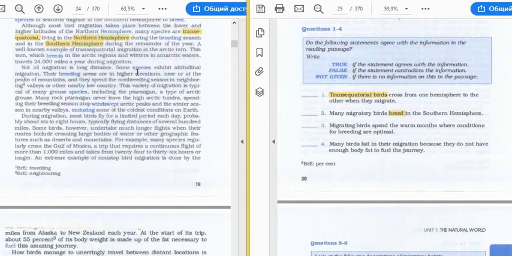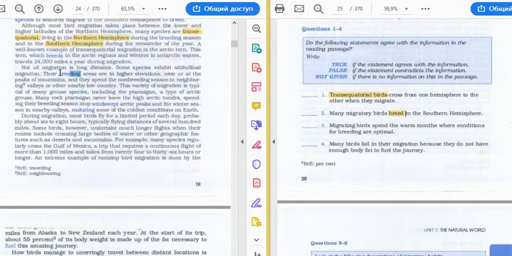So we have to find some information about the breeding, and here it says about breeding of the birds, but it says that not all birds migrate long distances. Some species exhibit altitudinal migration.